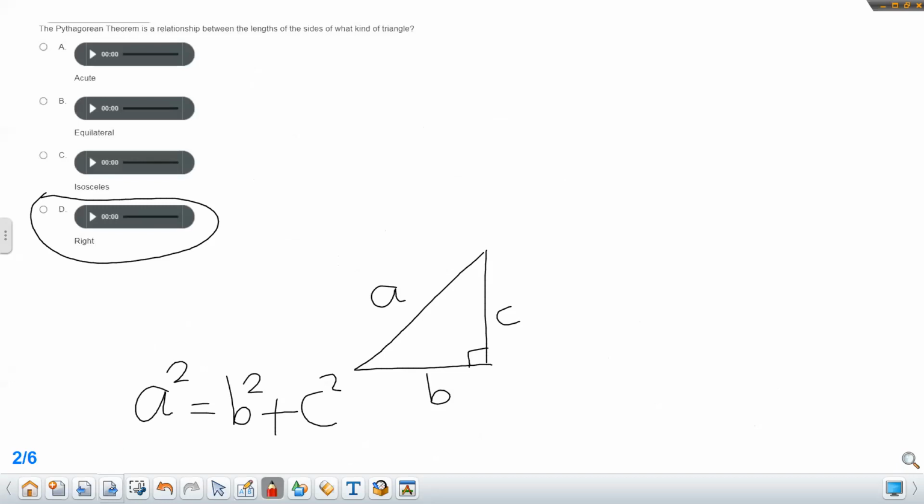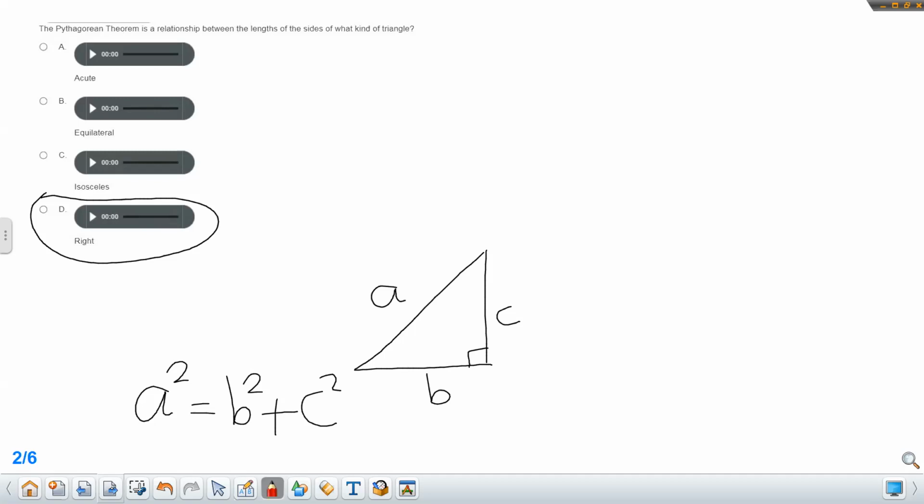The Pythagorean theorem is a relationship between the lengths of sides of what kind of triangle? So you must know that the relationship is between the lengths of sides of a right triangle. In a right triangle, you can use the Pythagorean theorem, just in right triangles. But if you have an acute or obtuse triangle, we can't use the Pythagorean theorem.